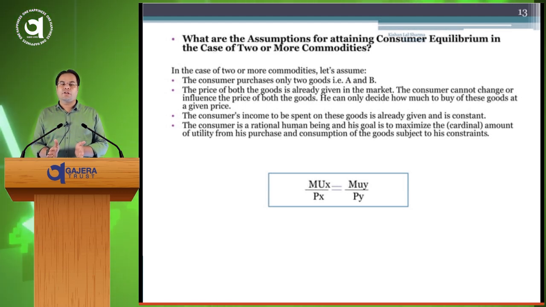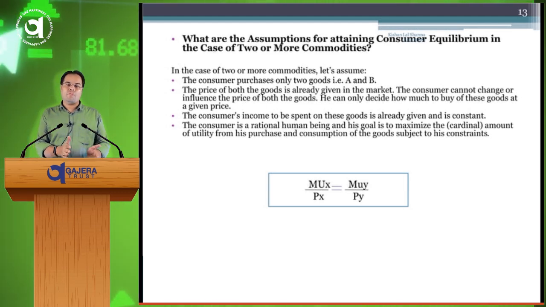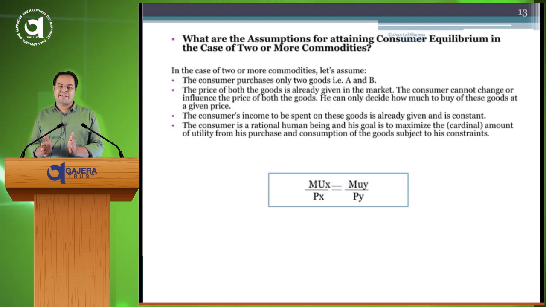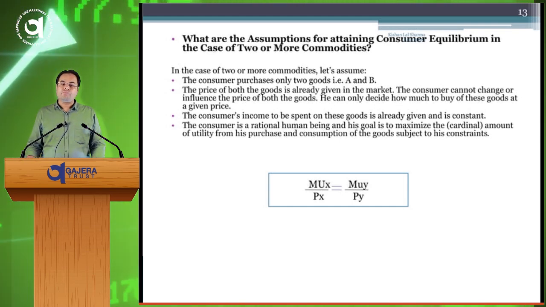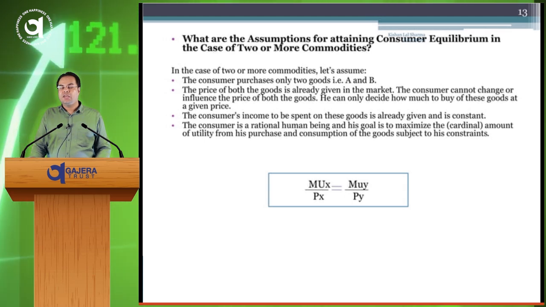He has to ration whether he will buy more of commodity A or B. You have to sacrifice some units, okay. Ultimately, what will be the answer? You have to get the equilibrium, right?